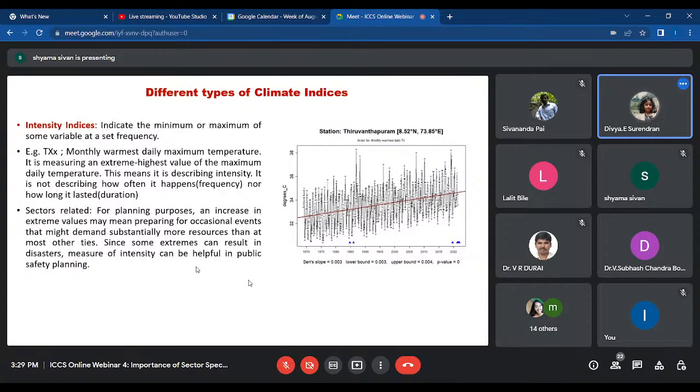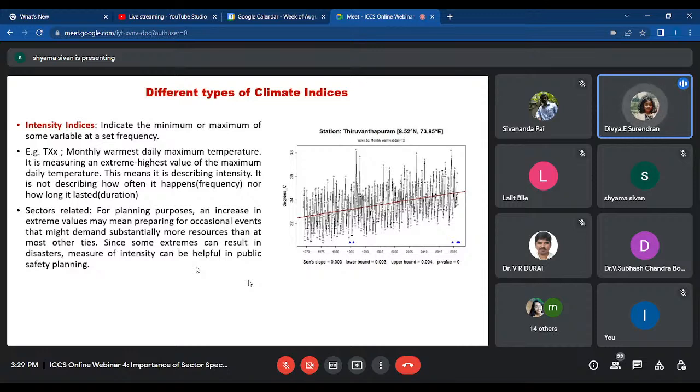So it will show the intensity: what is the maximum recorded temperature? It is describing the intensity. From this climate index, we can identify the intensity of that particular temperature.